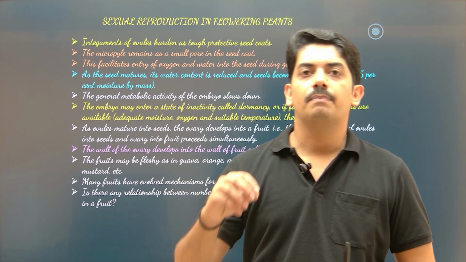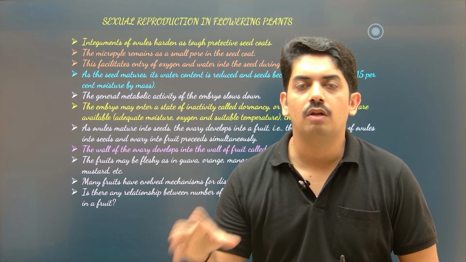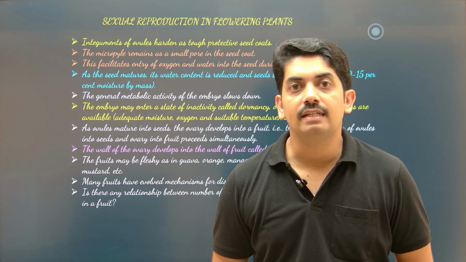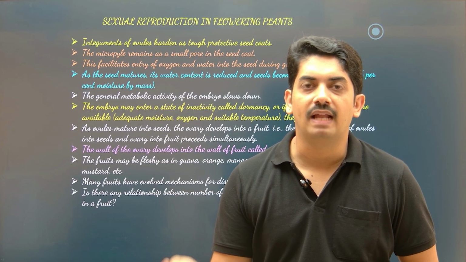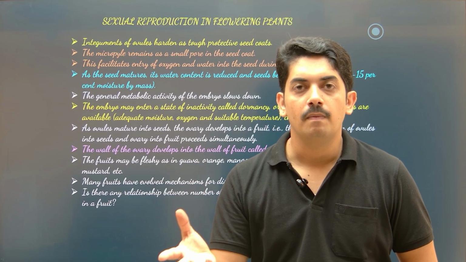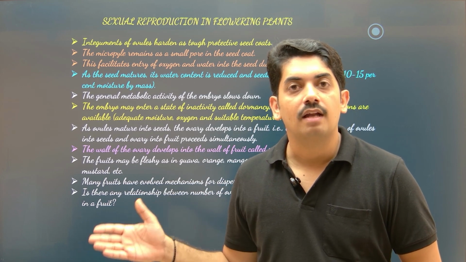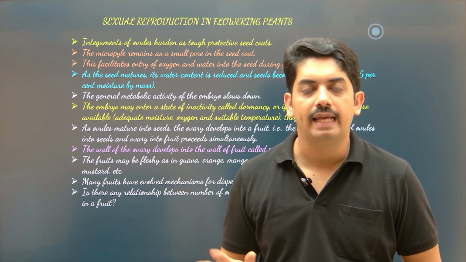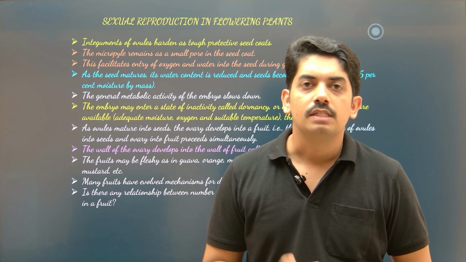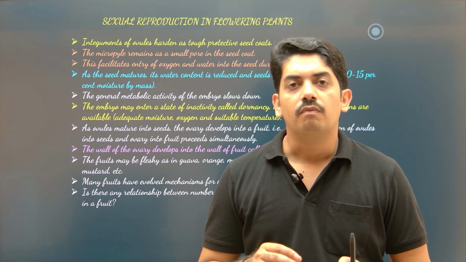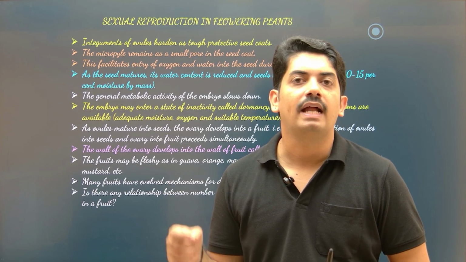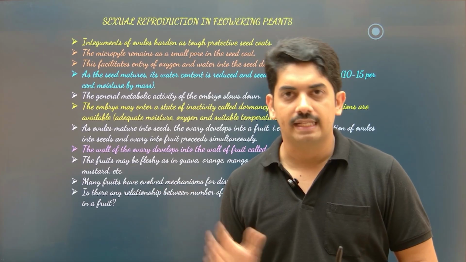In case the produced seeds fall on the soil and immediately undergo germination and produce plantlets, and the plantlet starts to grow, the coming seasons are completely unfavorable, like it may be winter or it may be summer. So there is very little chance that this plant will survive and produce the next generation.